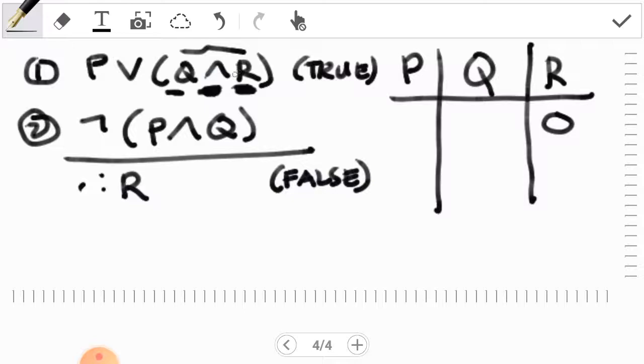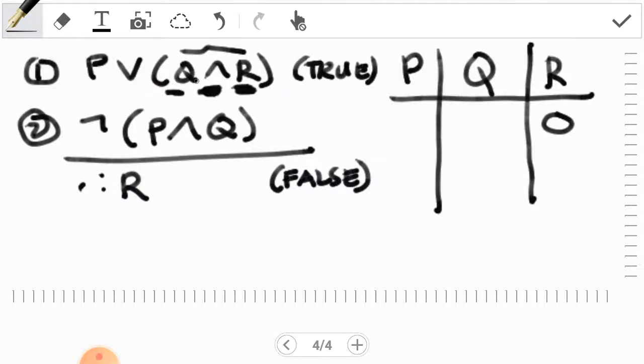Therefore, Q and R, regardless of the value of Q, will be false. So, up to this point, we don't know whether Q is true or false, because regardless of the value of Q, this entire thing here will be false.